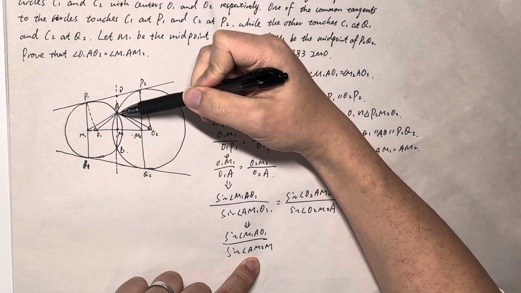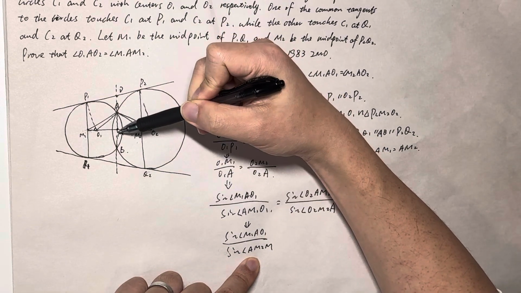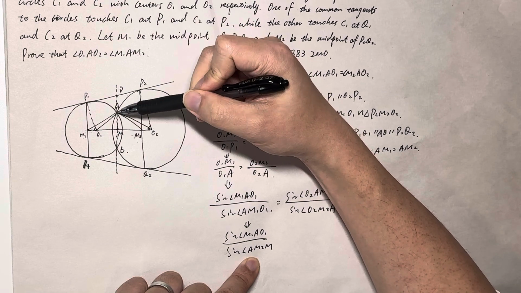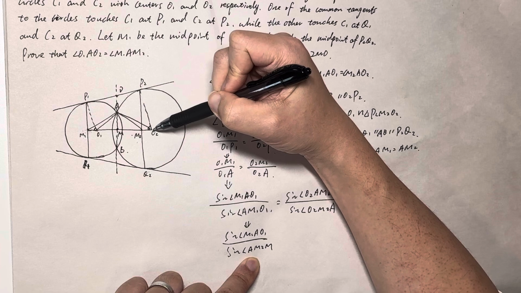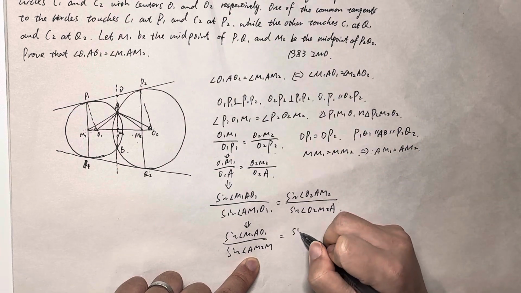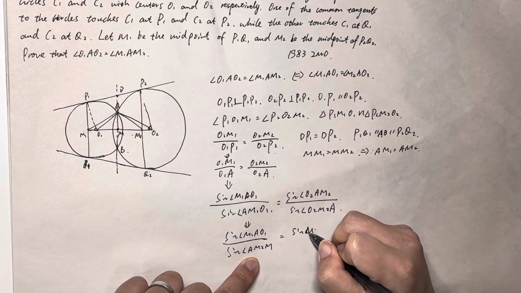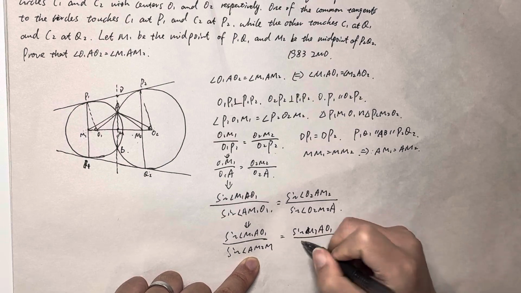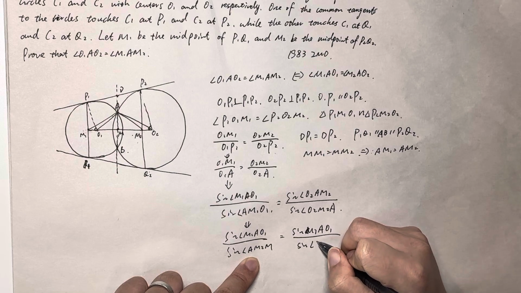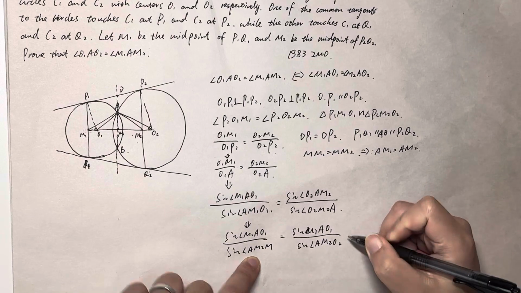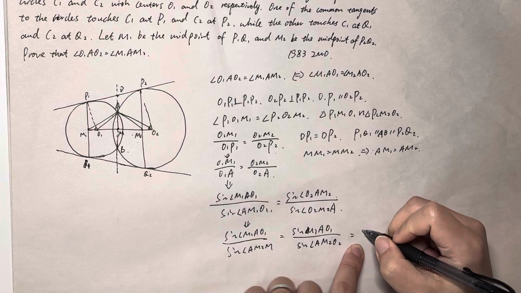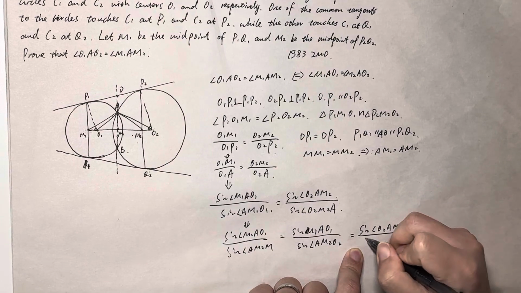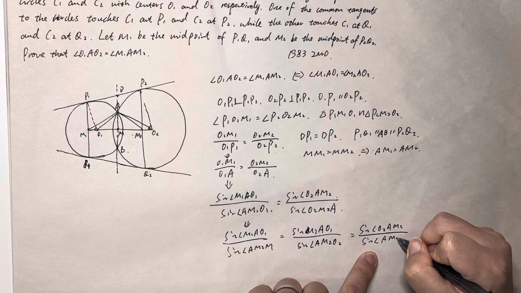And sine AM2M equals sine of 180 minus AM2M, which is sine AM2O2. So it equals sine angle M1AO1 to sine angle AM2O2. And we know it equals sine angle O2AM2 to sine angle AM2O2.